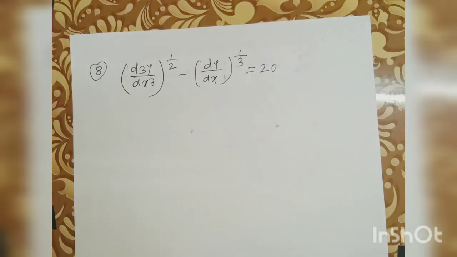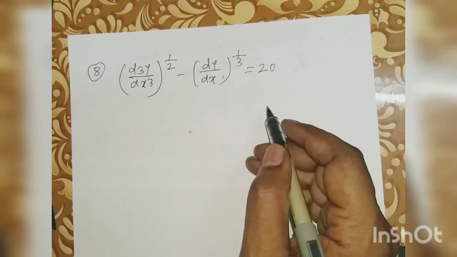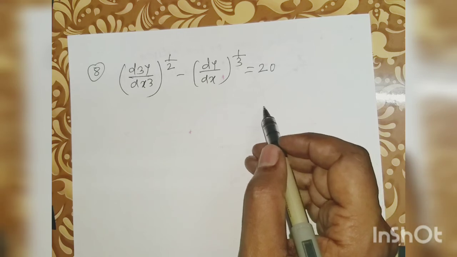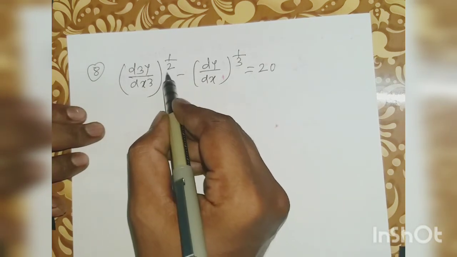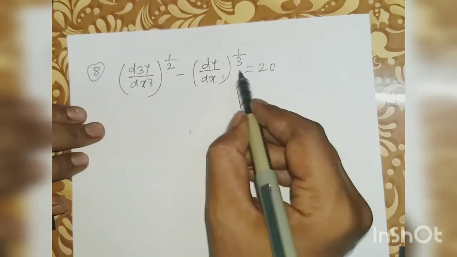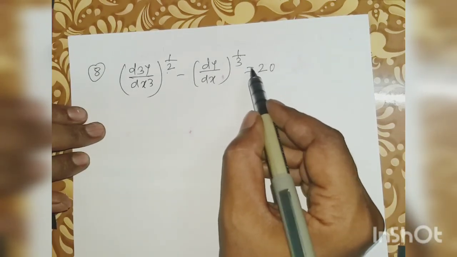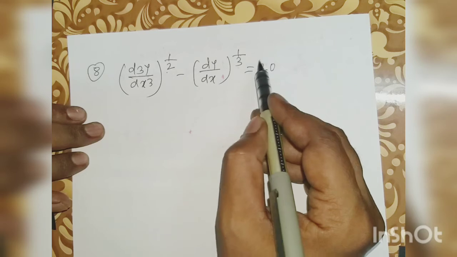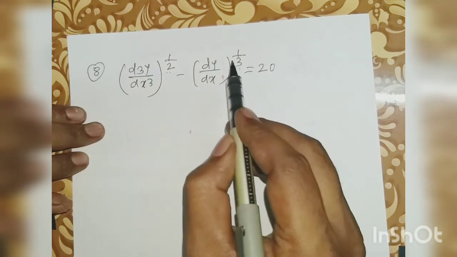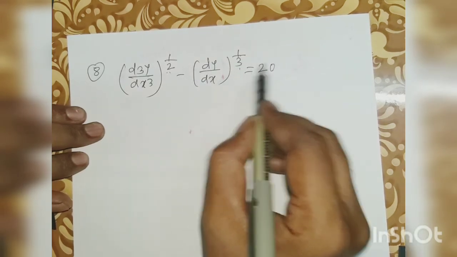Now this example is a complicated problem to find the degree and order easily, because here the power is 1 by 2, a fraction, and here 1 by 3 is a fraction. In such a situation we take the LCM of these 2 and 3 and take the power of this.